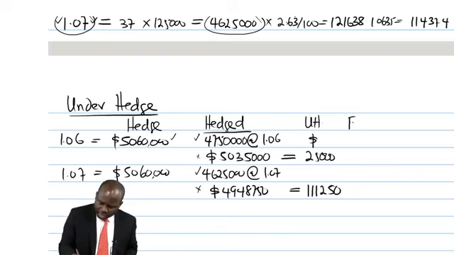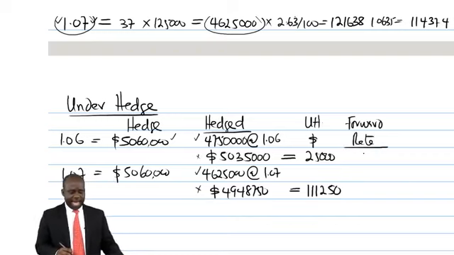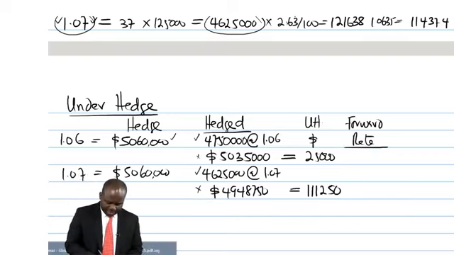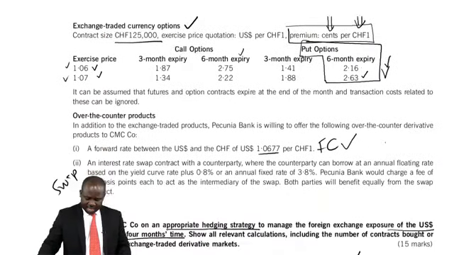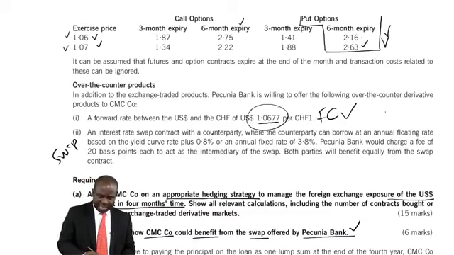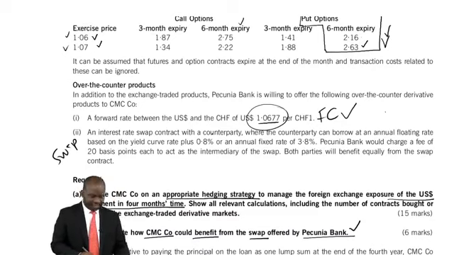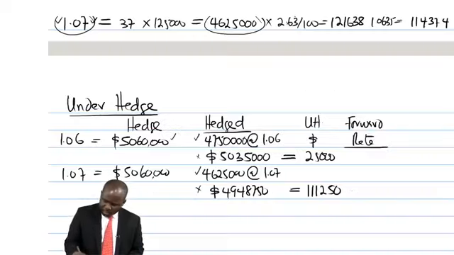So don't forget, go and bring your forward rate. And that forward rate was given to us. So let's go to the question. According to the question, the forward rate was given to us, is it 1.0677? So I will go and multiply.